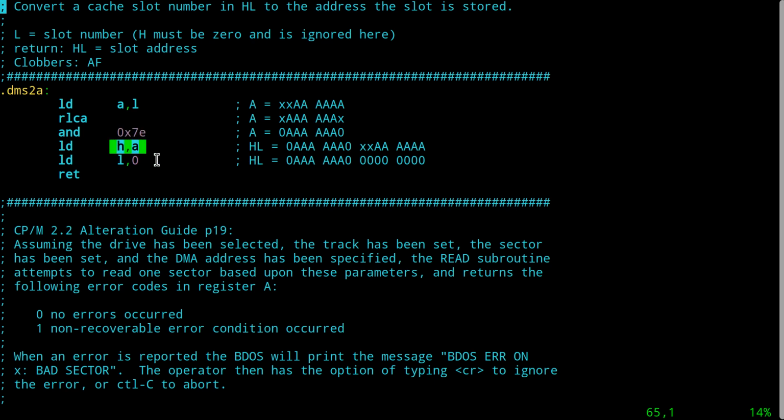We put the accumulator into H, put 0 into L, and now we have the exact bit pattern I talked about last time that says, given a slot number, if the bank of memory is mapped into the low half of the address range, what would the address be of the data in that slot? And that's what we get from right here.